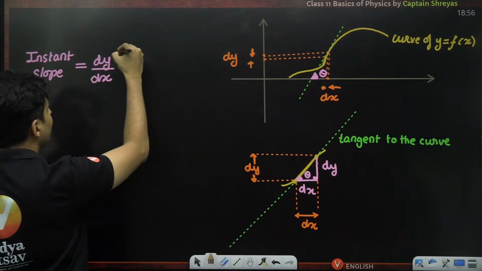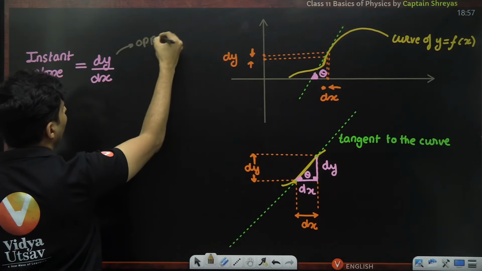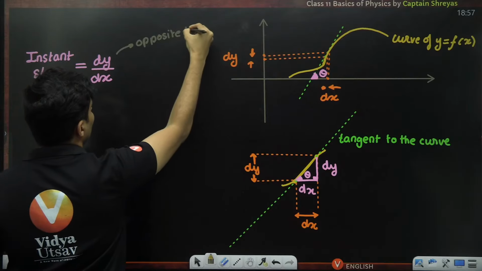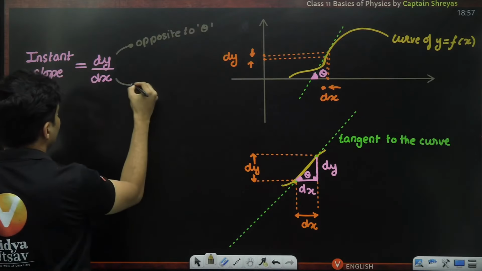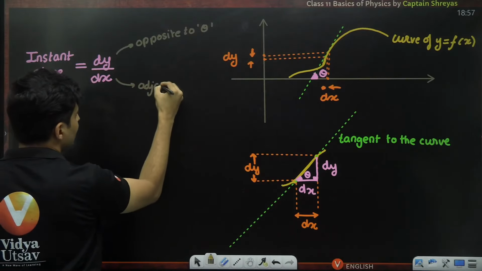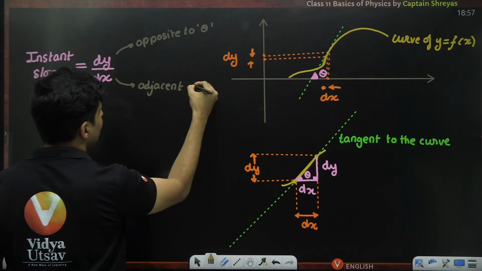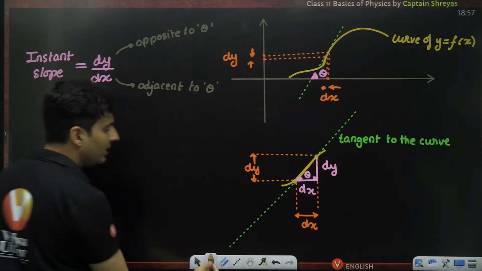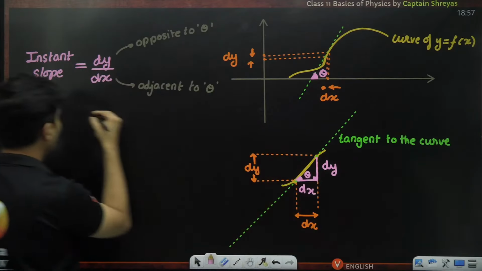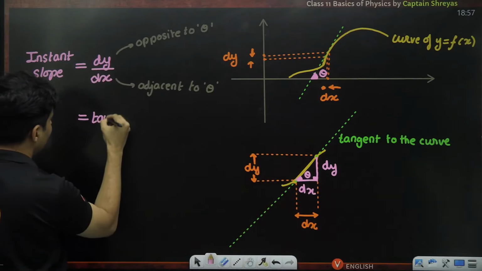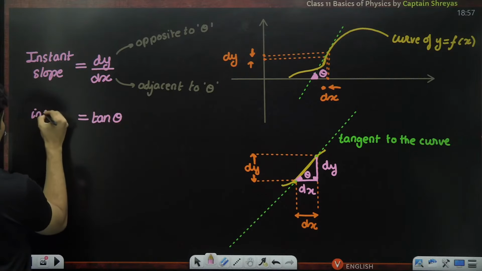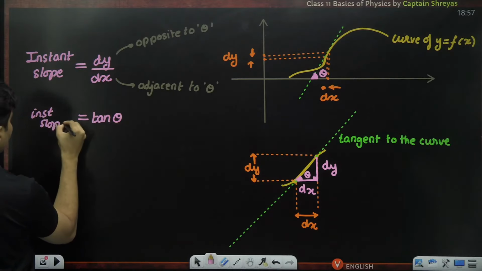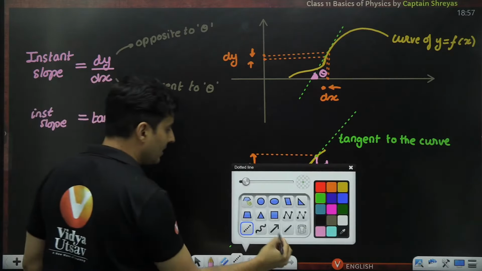In that small little triangle, dy is the opposite side to theta, and dx is the adjacent side to theta. And what is opposite by adjacent in a right angle triangle? It is the tangent ratio, tan theta. So that instantaneous slope is tan theta. That's it. We have found the value of the ratio, which is tan theta.